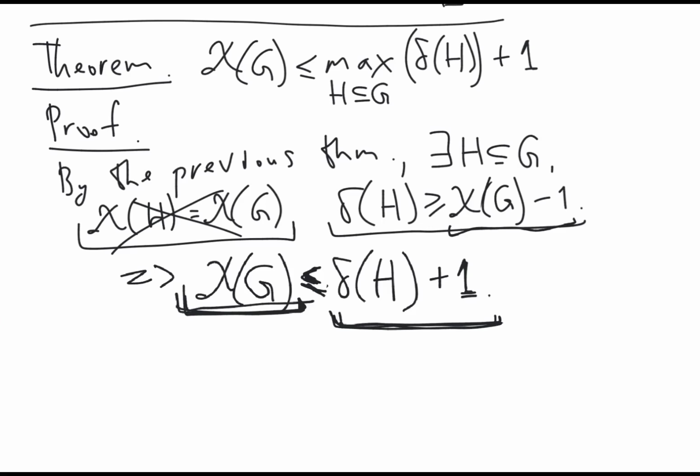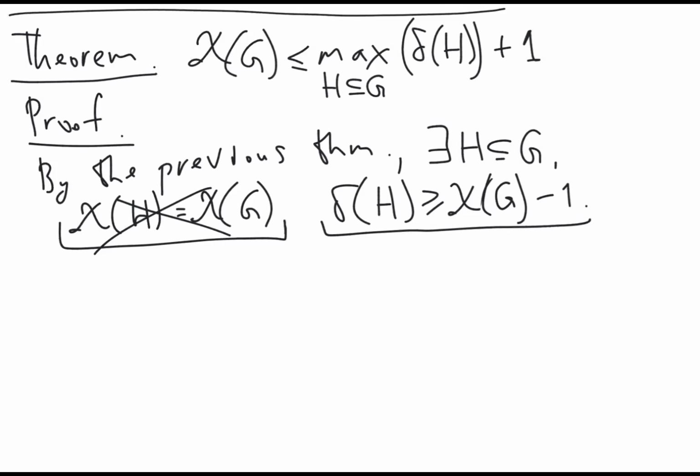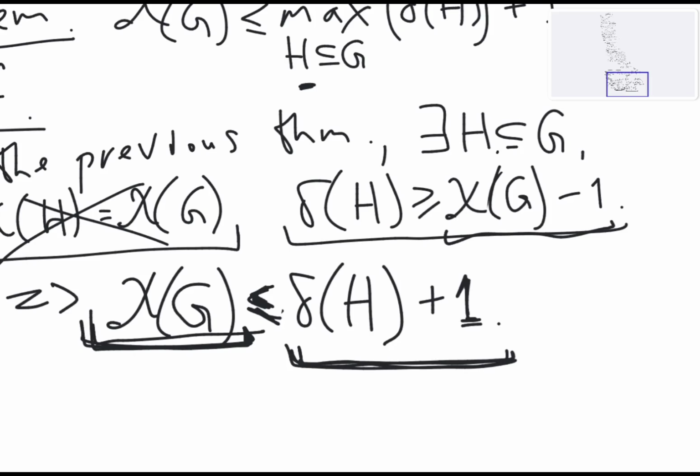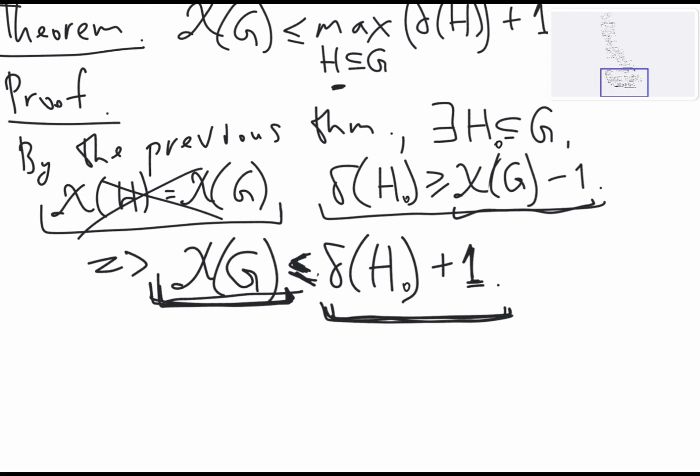Then when we take the maximum among all subgraphs, this number could be the same or greater. So let's denote this subgraph as H0, so as not to confuse it with the H used in this maximum. So there exists this subgraph H0.